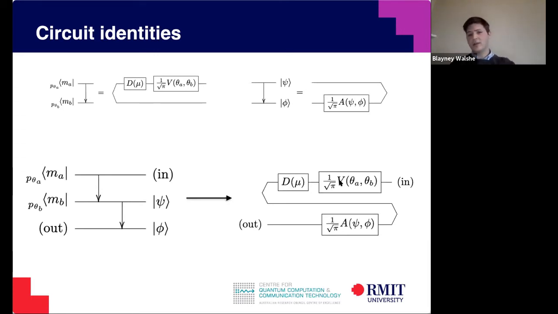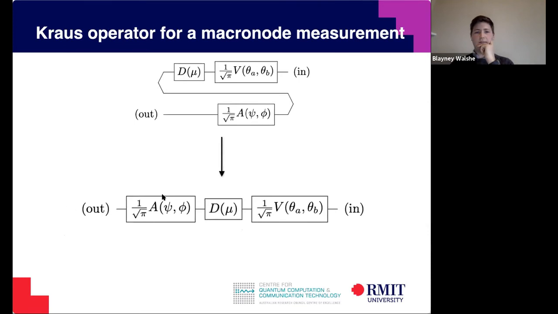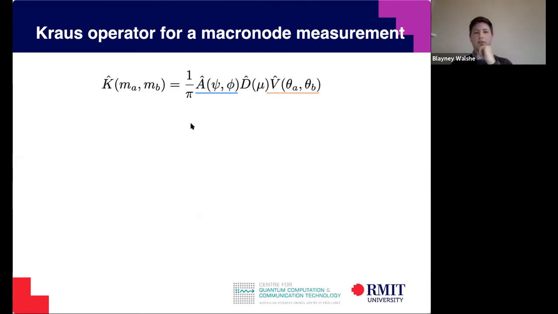The reason this is good is because if you pull that output and that input toward each other, these EPR states hit each other and become one wire. And so we just have an input state being hit by a couple of gates, and that's it. We can directly write off what our Kraus operator is in the exact same order as it appears in the circuit. So our Kraus operator is this V, a displacement, and this A.